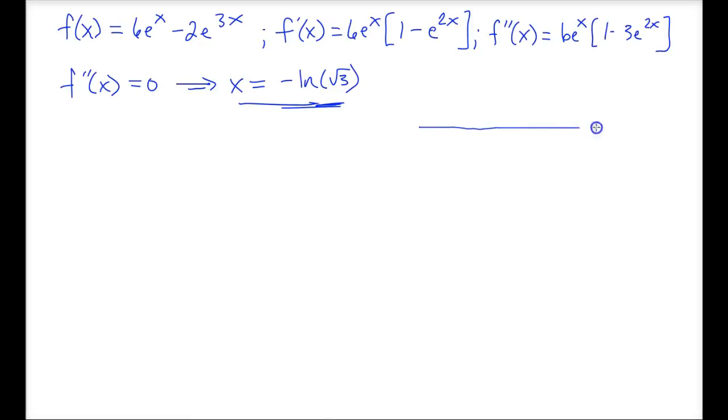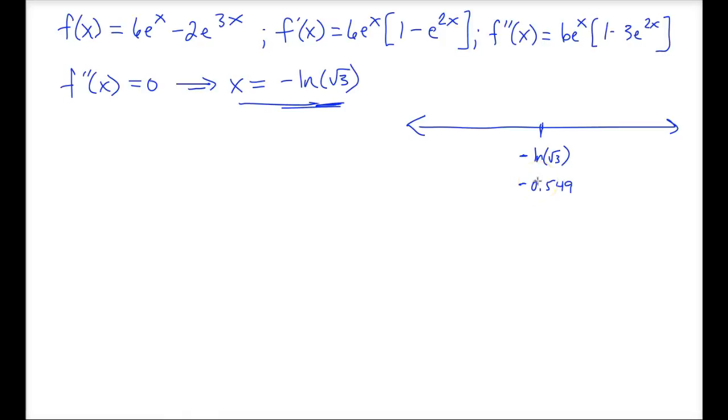I'm just going to make a number line here, and we're going to put negative natural log of 3 there. Okay, just so that you know, negative natural log of square root of 3 is about negative 0.549. Okay, so just to kind of give you a reference to what that value is.